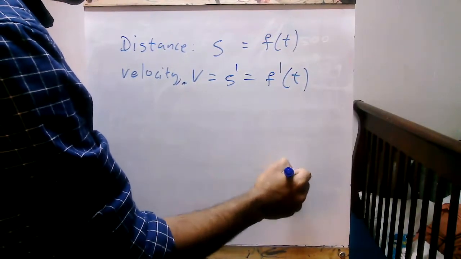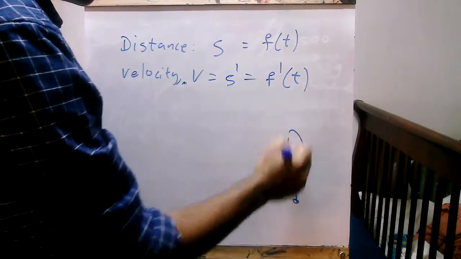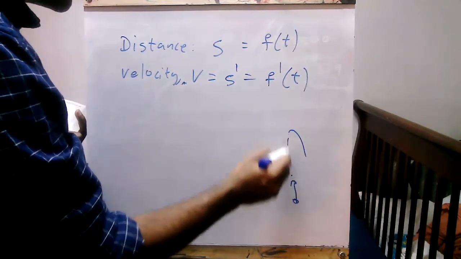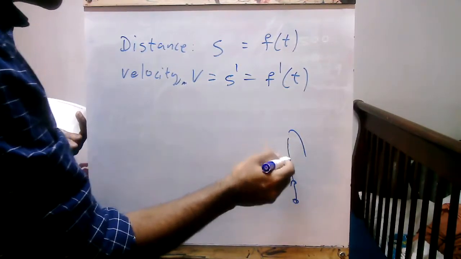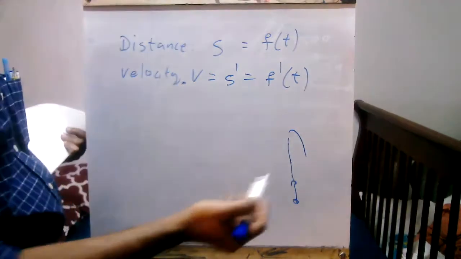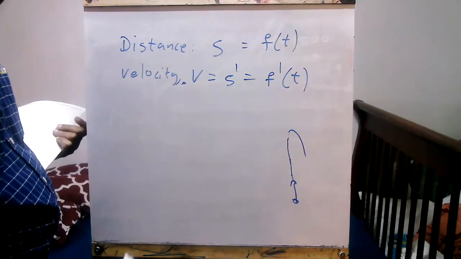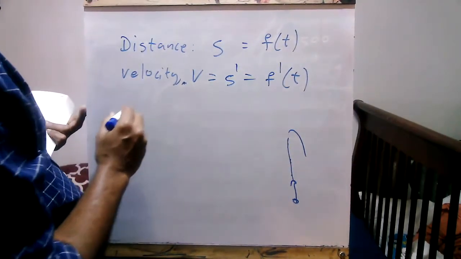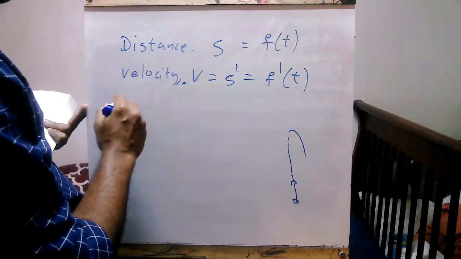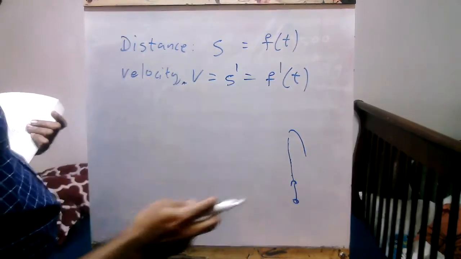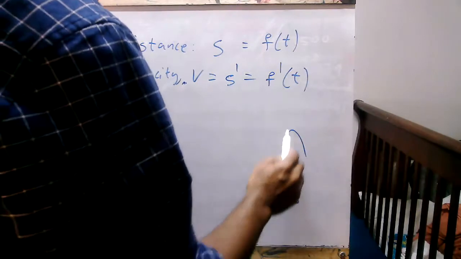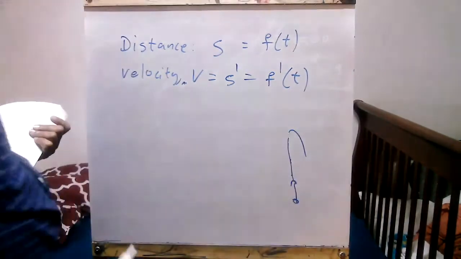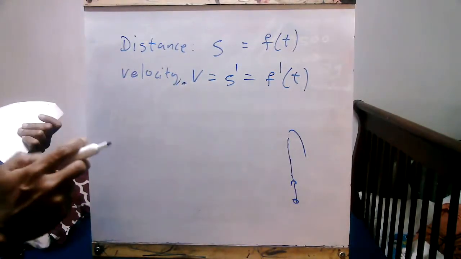It slows down and comes back. It is decelerating, or we can say it has a negative acceleration, right? So the point is, when it is going up or down, we can use the same term, acceleration.